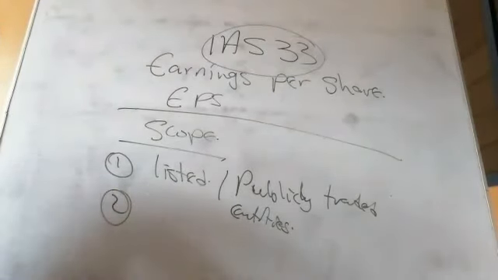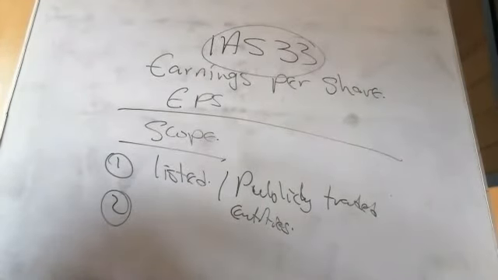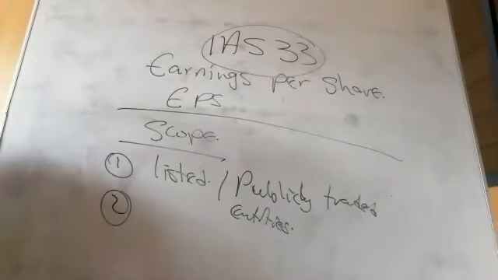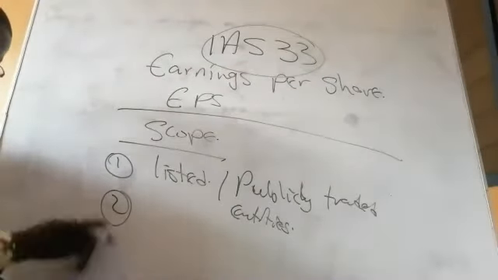Two, group accounts, so consolidated accounts. The consolidated financial statements of a group with a parent whose ordinary shares are traded on the stock market, or who files for returns. It's the same point again.